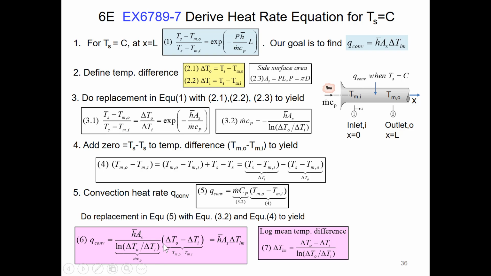And next, in equation 6, we combine the numerator and denominator and define as log mean temperature difference, delta TLM. And finally, we get the convection heat rate for constant surface temperature.